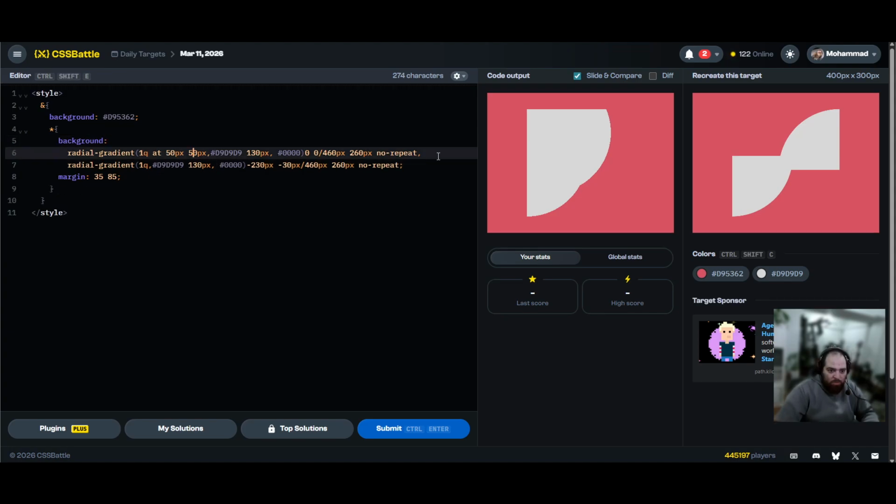Okay, 50px, 50px. Let me just comment this out. But this one I'm going to put it at, wait, 150? 230. 230, right? And it will push it down, I don't know, 150. No, damn it.